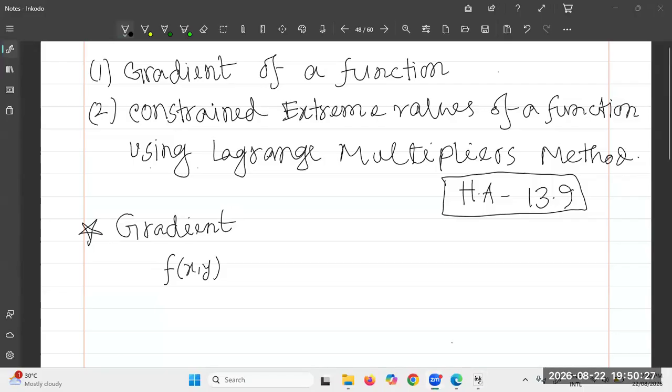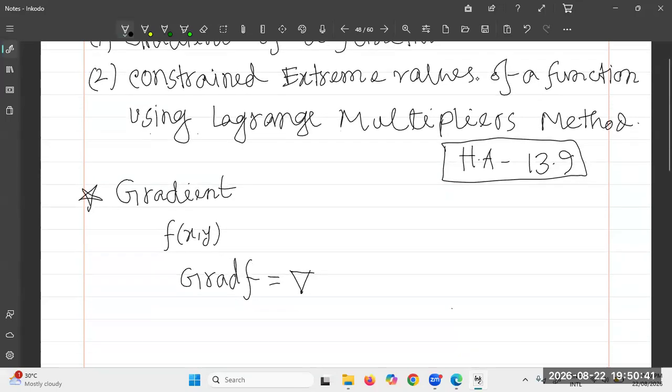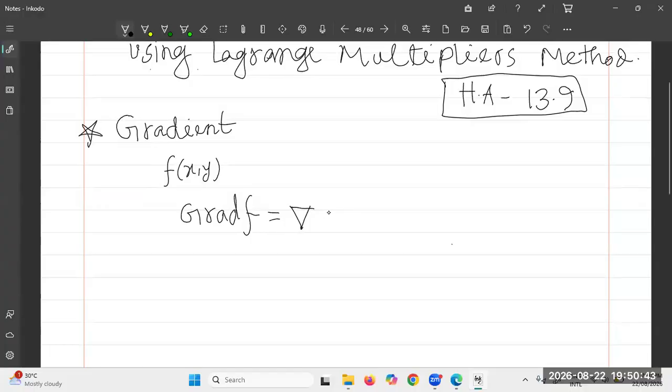So the gradient of this function is del f divided by del x with vector i, del f divided by del y with vector j.